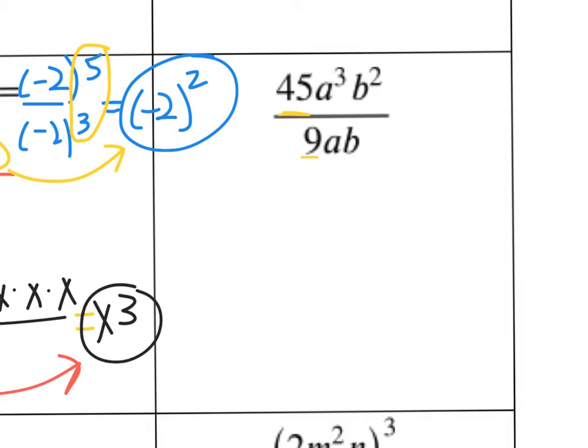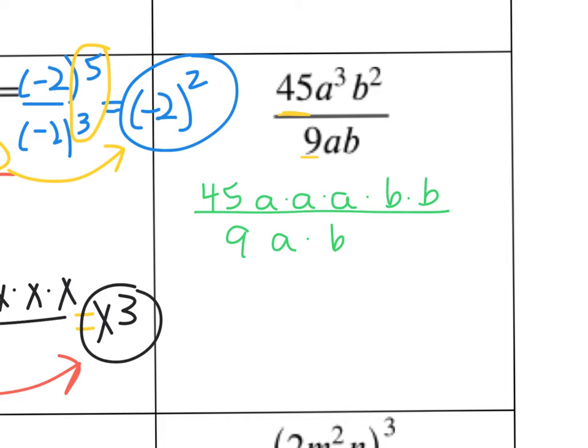If we wanted to expand this, this would be a to the 3rd and b to the 2nd over 9ab. And then to simplify it, an a divided by a would be 1, and a b divided by b would be 1. So you can see we're left with a to the 2nd and b.